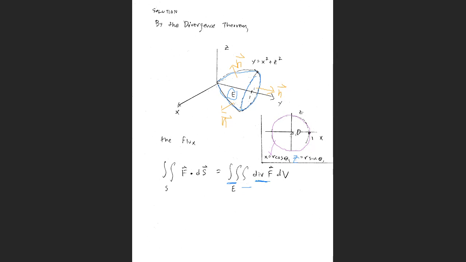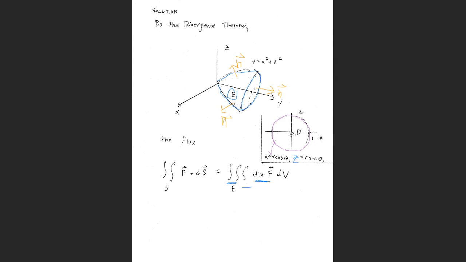Well, the divergence of a vector field essentially is the net rate of flow at a point in the vector field, right?